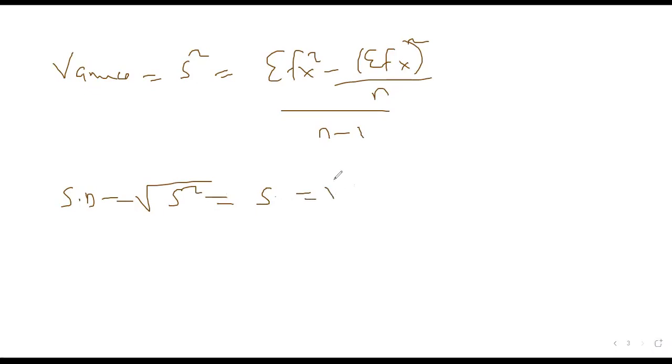Since our answer in this case was 8.2424, when you square root this, the name changes to standard deviation, which is 2.87 as a value. And this is what we covered yesterday.